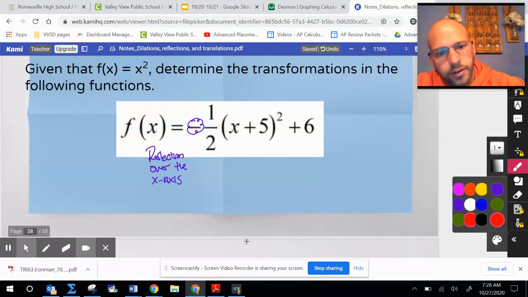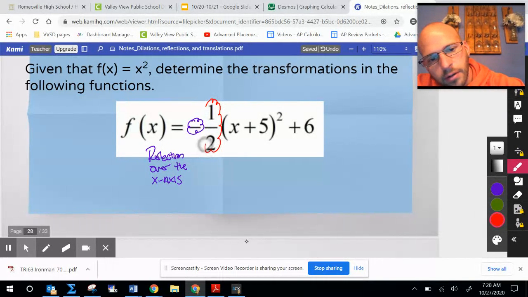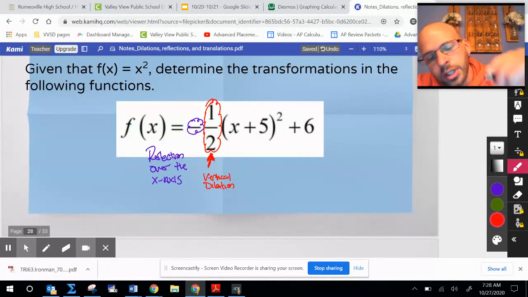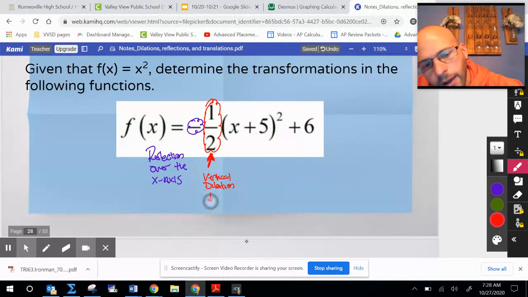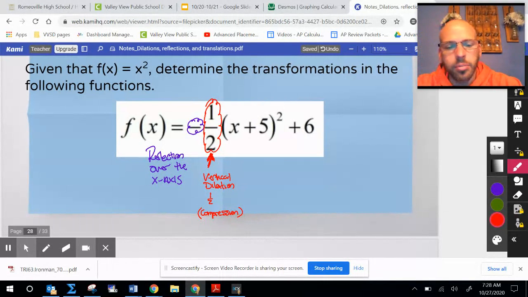Then I have a multiplier on the outside, because it's the outside here. Okay, that is going to be a vertical dilation. We do not use the reciprocal for any vertical dilations. Okay, of 1/2. And because that's smaller than 1, that's got to be a compression.